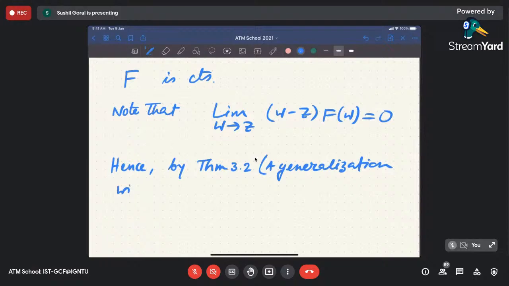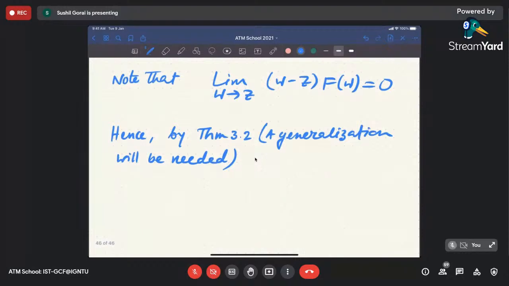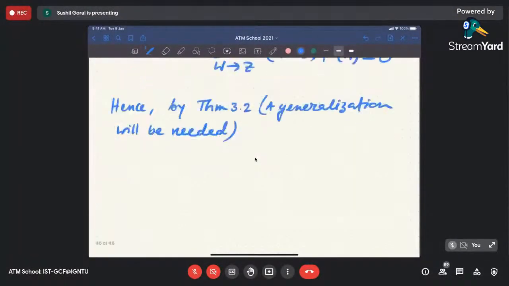After we prove Cauchy's theorem for a disk, for any curve in the disk, you can do the same way.